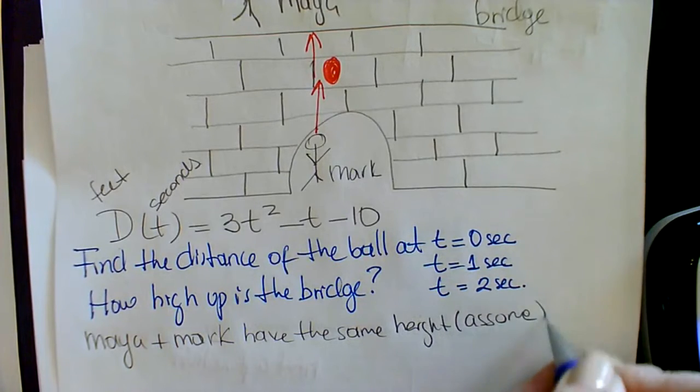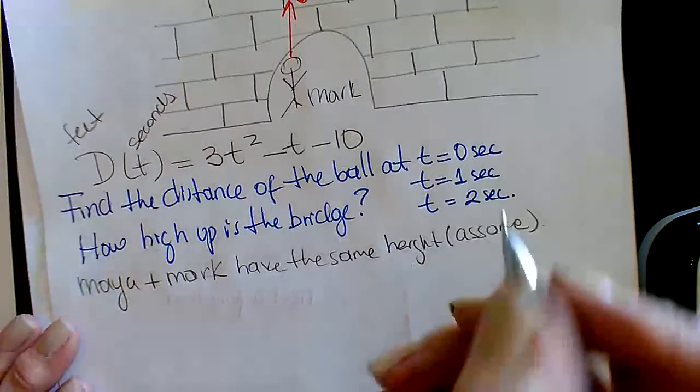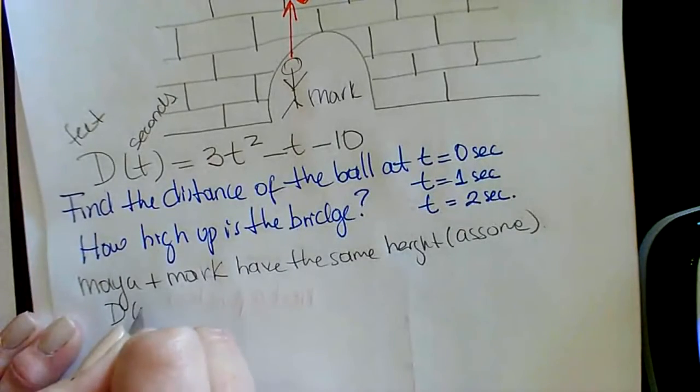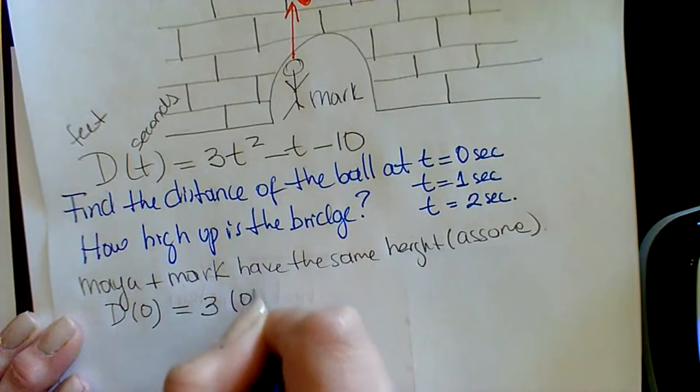We're going to assume this. And we're going to ignore the resistance, the gravity, and other factors in this situation that I just made up, okay? So let's do it. Let's take the equation, and when the time is 0, we're going to replace t for 0.